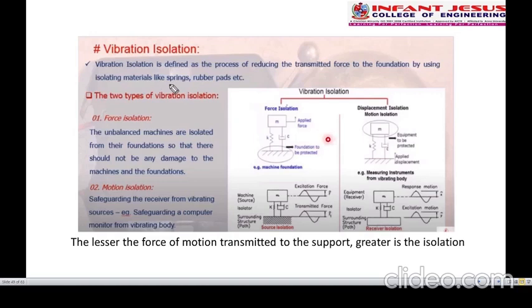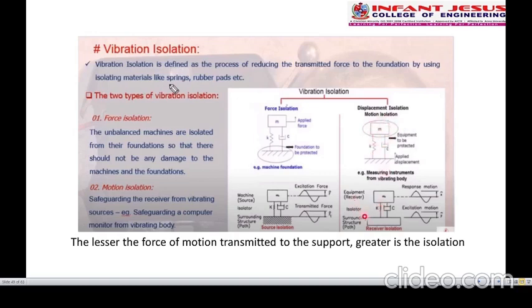We cannot move the house somewhere else, so what do we have to do? We have so many things in the house. Due to the vibration, the TV or the equipment may be damaged. So we have to protect the equipment. That type of isolation is called motion isolation. The equipment has to be protected from the vibration. That is called motion isolation.